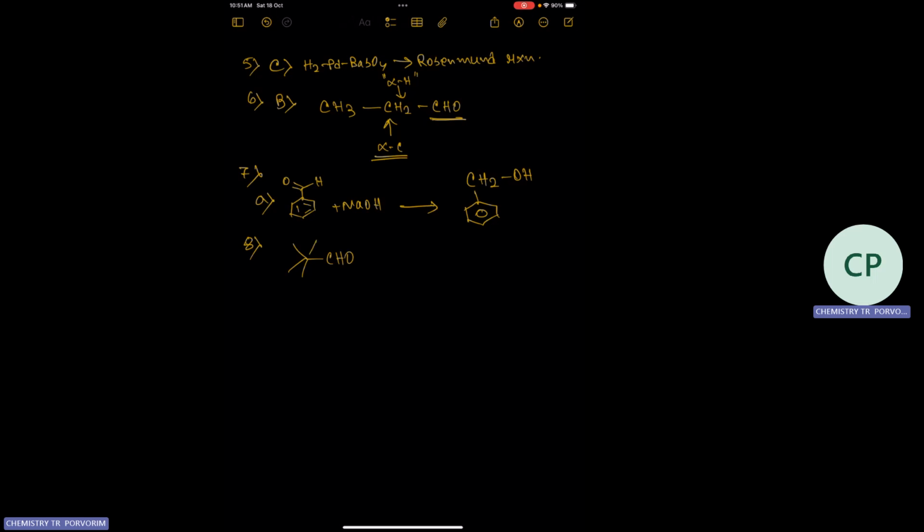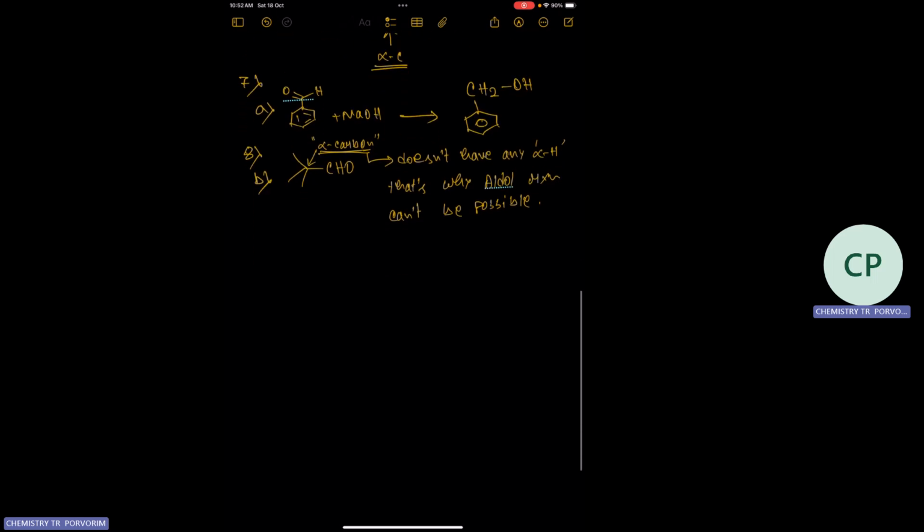This carbon is called the alpha carbon, and because the alpha carbon doesn't have any alpha hydrogen, the aldol reaction can't be possible. So that's why our option should be B. The eighth option should be B.